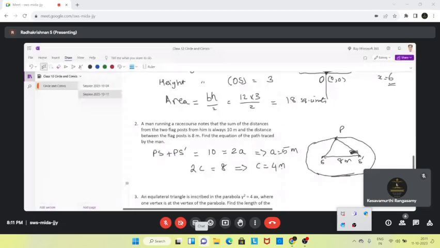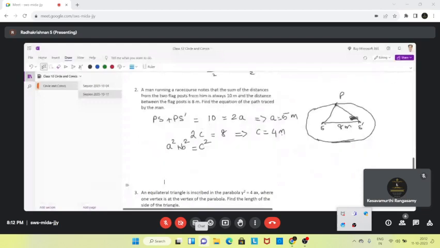So we know the value of A and C. So what is the value of B? Where 2A is the major axis, 2B is the minor axis, and 2C is the interfoci distance. A square equal to B square plus C square.